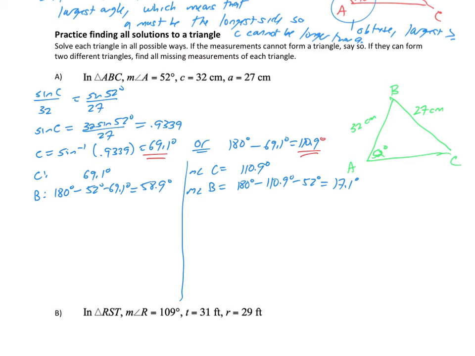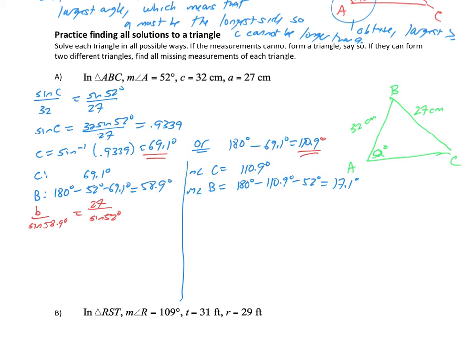And now we have to go through and find the third side. So little b. I'm going to put little b in the numerator because I'm looking for side length. So little b over sine of angle B. I have to use my particular angle B. So in this case, that'll be sine 58.9 degrees is equal to, I'm going to use side length A and angle A because those are the ones that were given. 27 over sine 52 degrees.